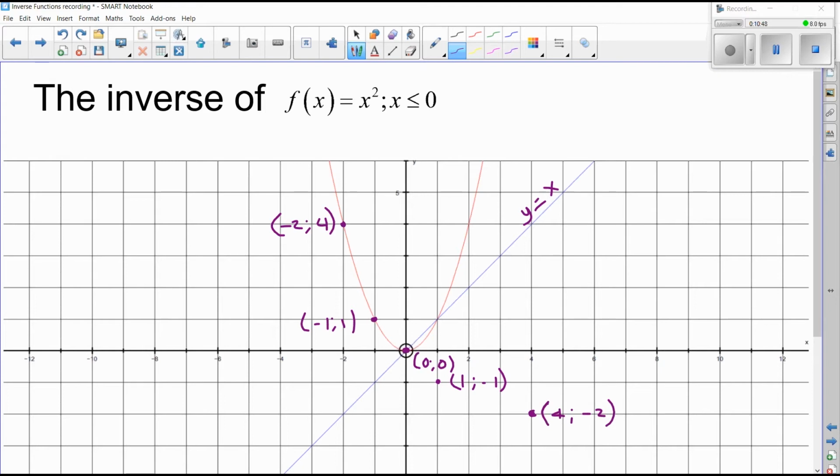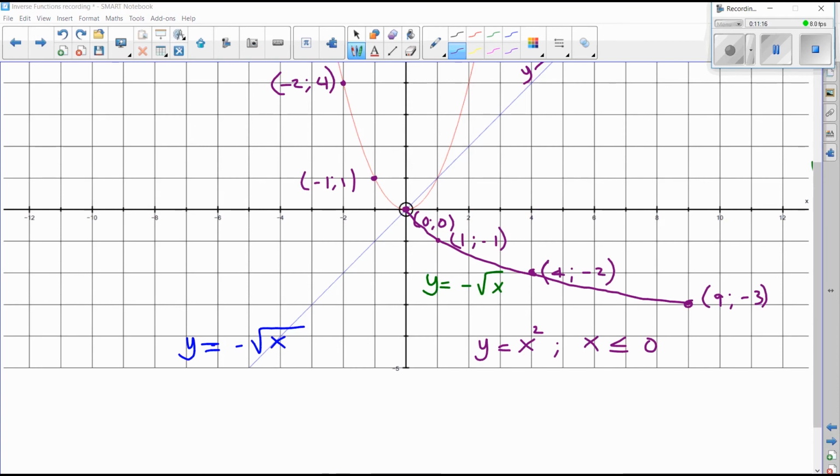So the inverse function is this graph here. And I've included the point 9 and negative 3. This graph will have the equation y equals negative square root of x.